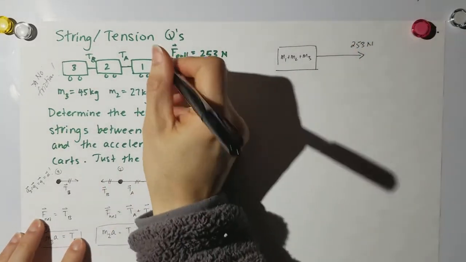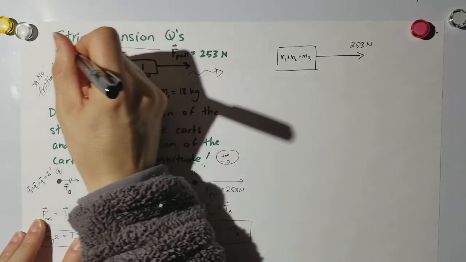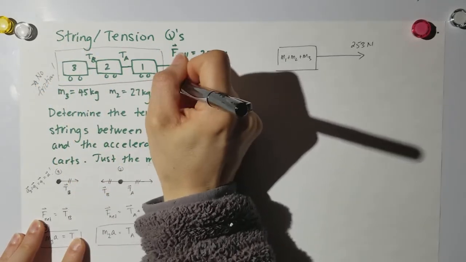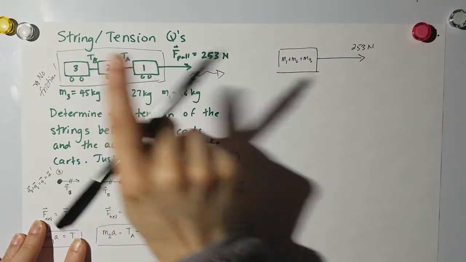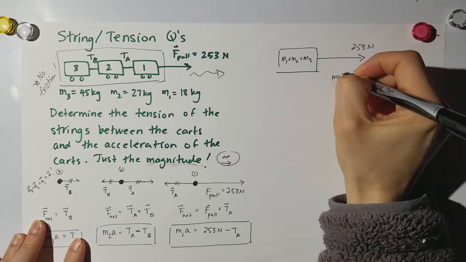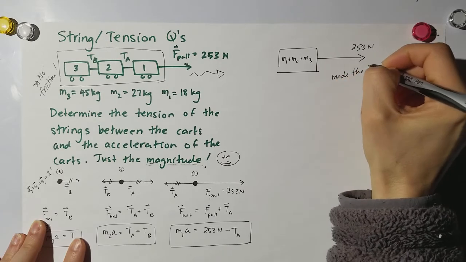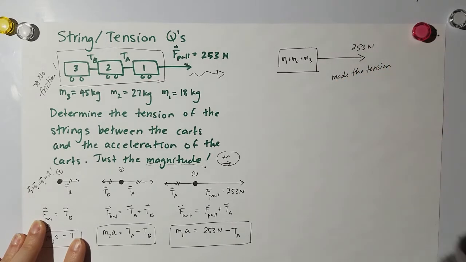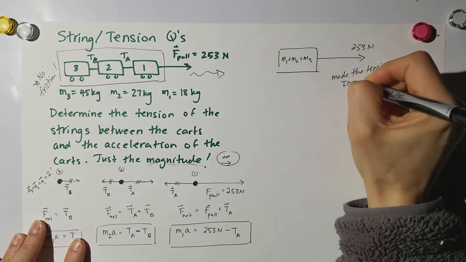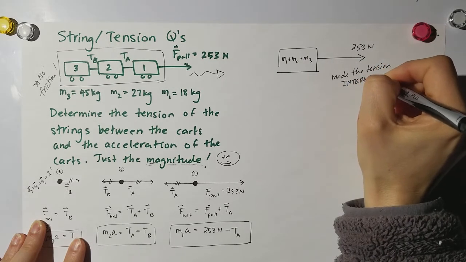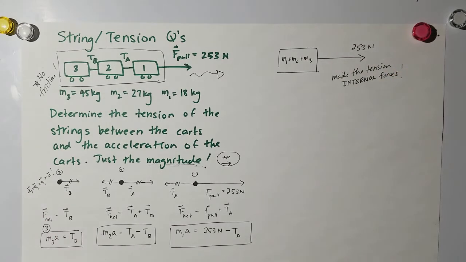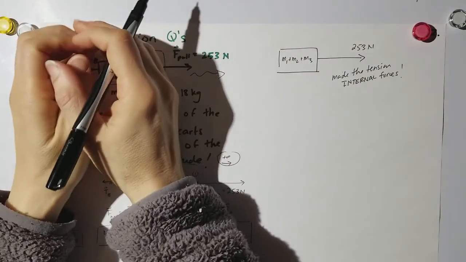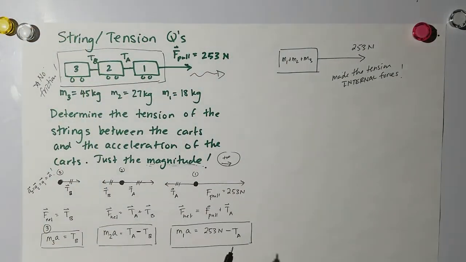So what I'm doing is I'm essentially treating this as one, and what happens is you have just made the 2 tension forces internal forces. So they're kind of irrelevant to the question when I squish this all together and make this one mass.